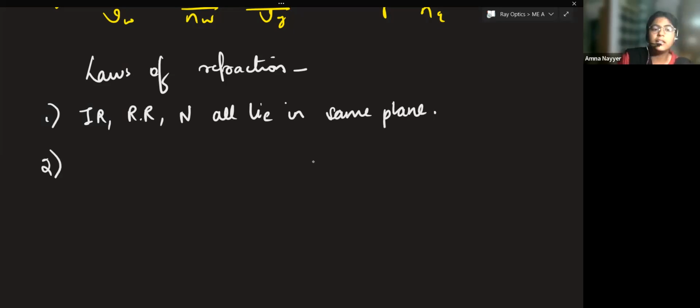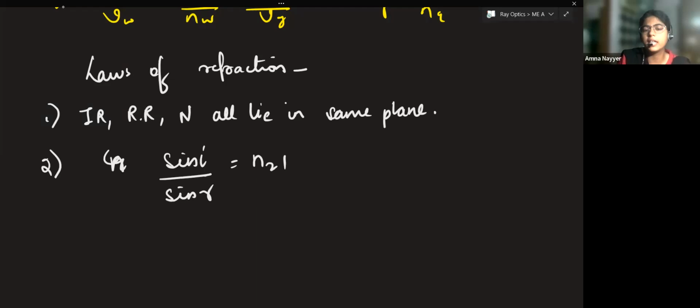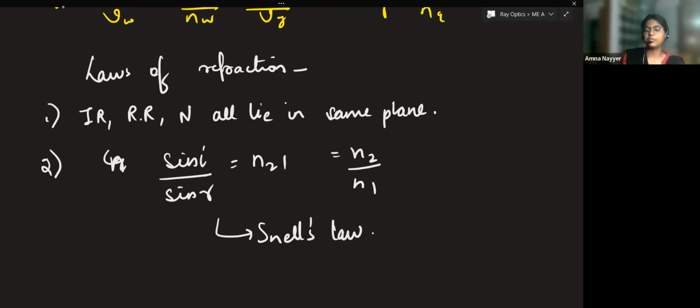The second law is that the ratio of sine of I by sine of R gives you n21, that is the refractive index of the second medium with respect to the first one, or you can write it as n2 by n1. This law is known as Snell's law. Note this down. Then we'll come back, or let me explain that at the end you can write both the things together.